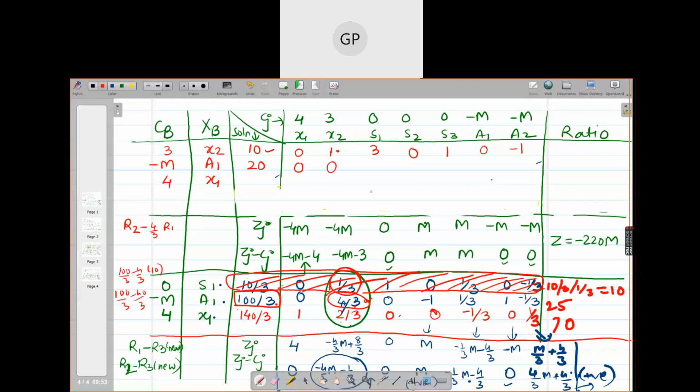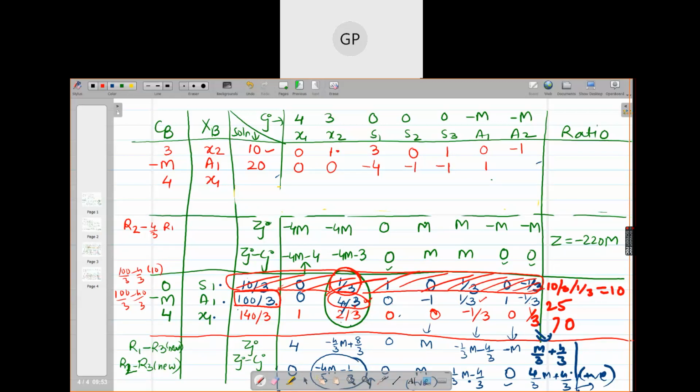Now 0 minus 4 by 3 into 3 is minus 4. Minus 1 and this is 0, so this will remain minus 1. This is 1 by 3 minus 4 by 3 into 1. So 1 by 3 minus 4 by 3 is minus 3 by 3, that is minus 1. This 1 and this 0, so that is 1.